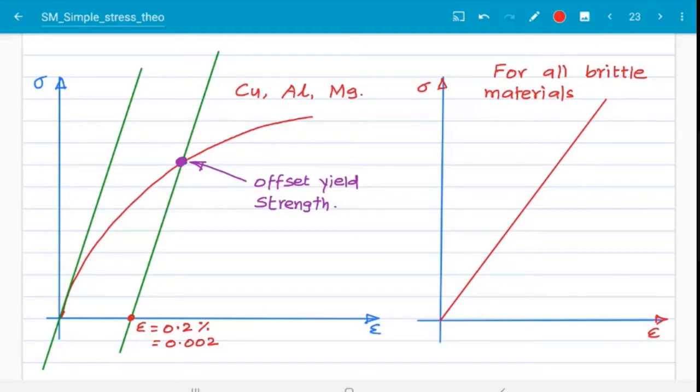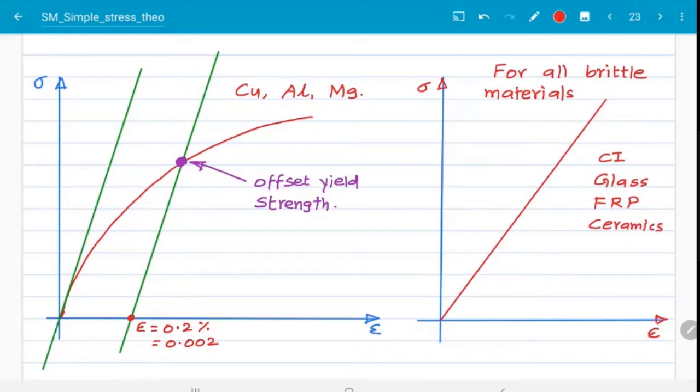Brittle material: cast iron, glass, then FRP composites, ceramics, right?